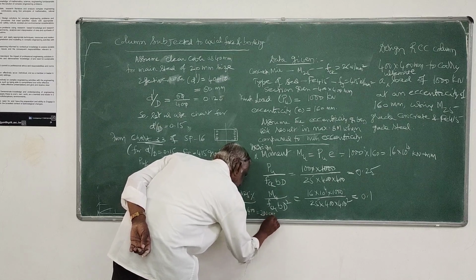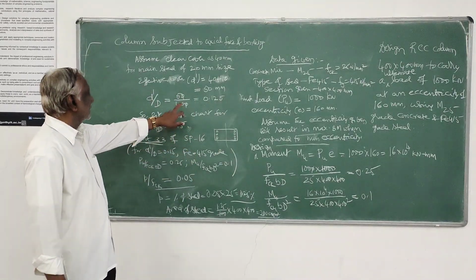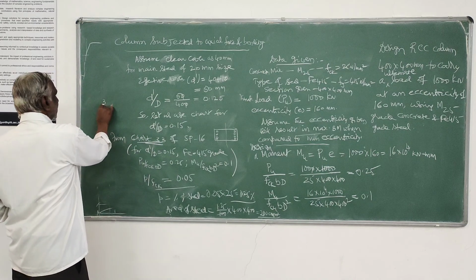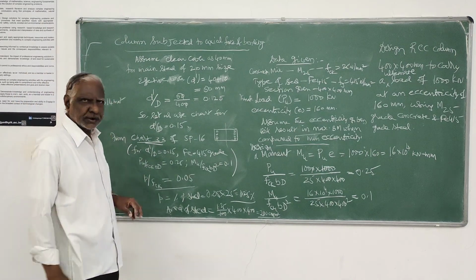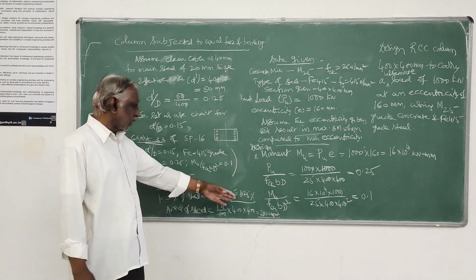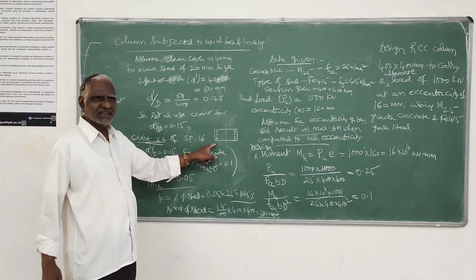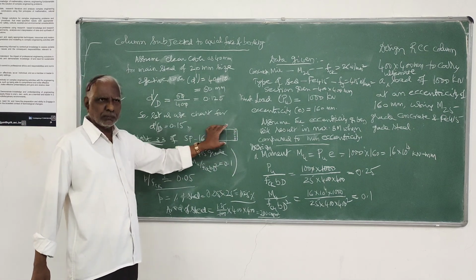So this gives you 2000 millimeter square. You have already decided about the size of bar here, 20 mm, for which the area of one bar is 314 millimeter square. So I think you can provide 8 bars, because the chart you have used shows 4 bars on the two parallel edges.